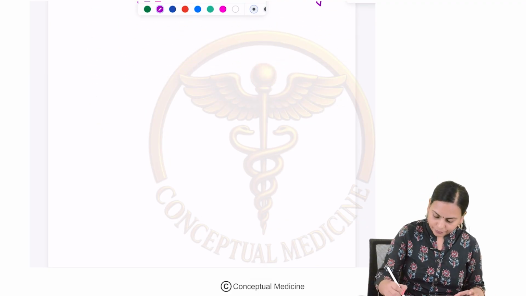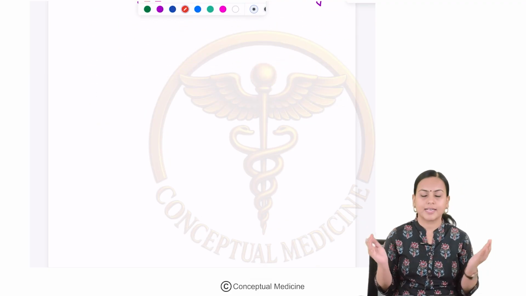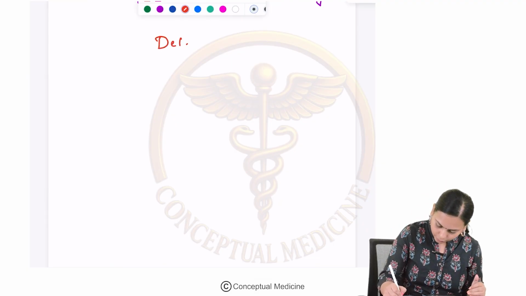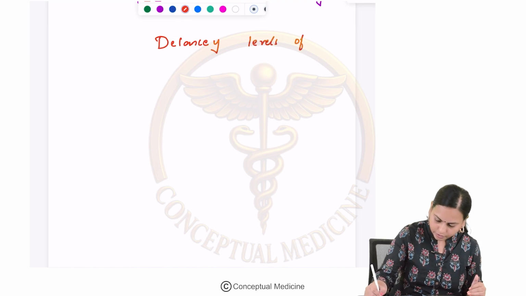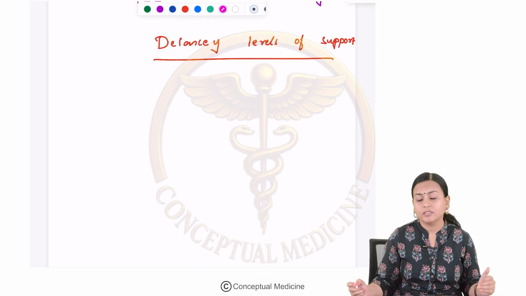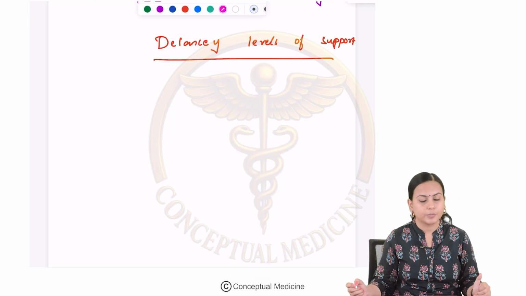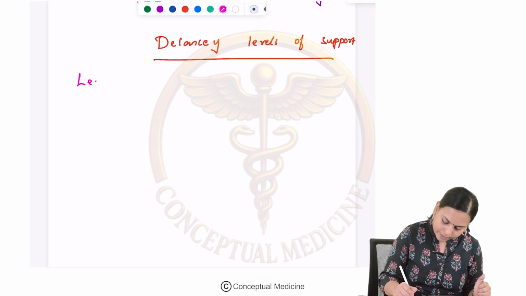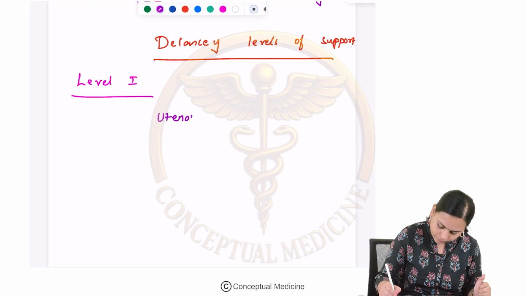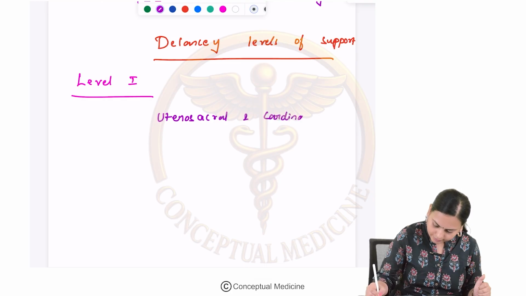Now, there is a separate classification given by DeLancey for the support. DeLancey levels of support. Let's see the three levels described by DeLancey. Level 1 includes the uterosacral and cardinal ligaments.